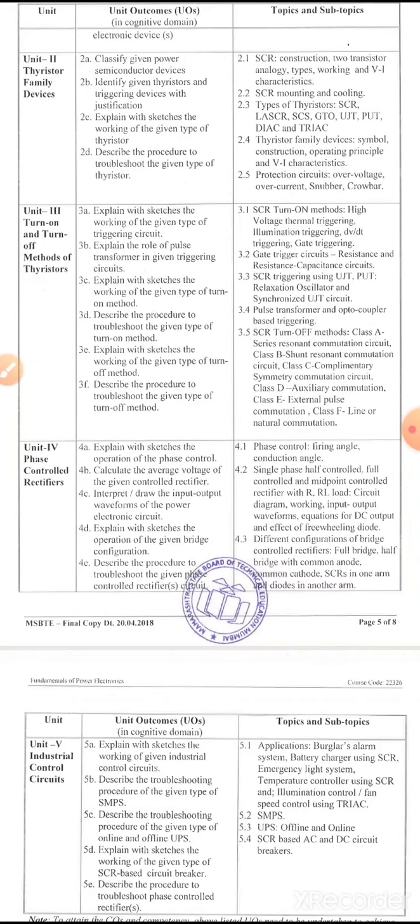That is, the angle at which the SCR is turned on is called the firing angle, and the period for which the SCR is turned on is called the conduction angle.